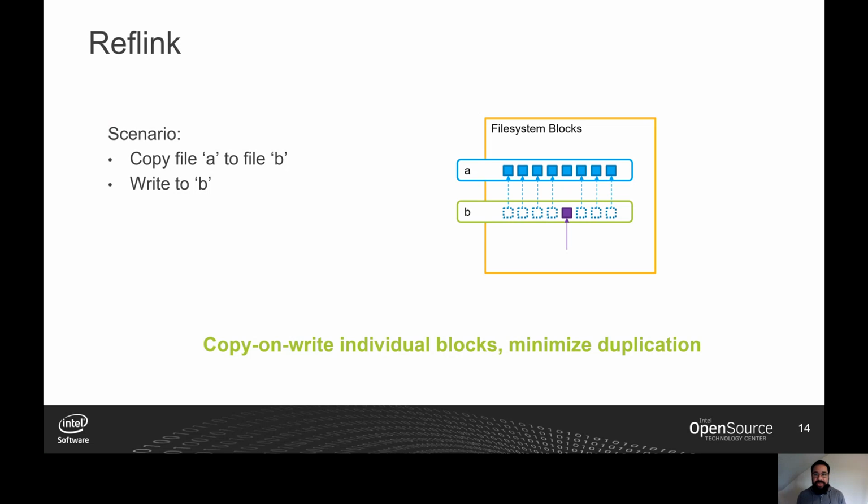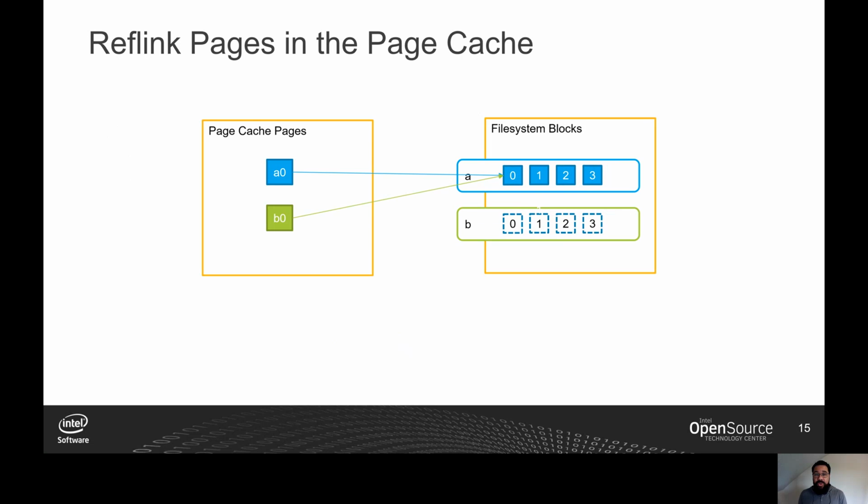So what does this have to do with DAX? Well, let me go on to describe how Reflink works in the page cache. So in the page cache, even though we have one block shared between two files, we still end up with two distinct pages in the page cache.